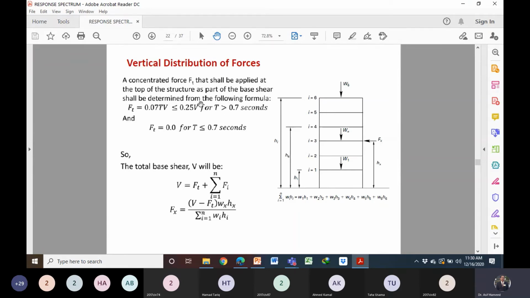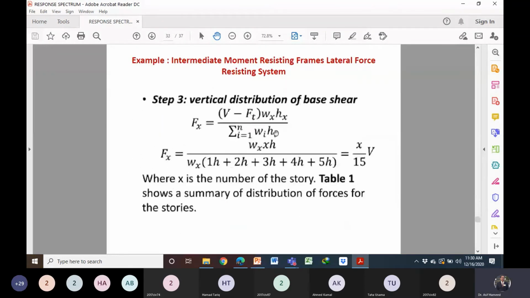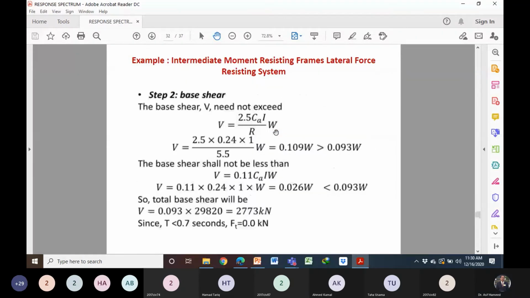Okay. So in our case, for this example, time period is less than 0.7 second. So additional force as per UBC code is equal to 0. So this is the total base shear at the base of the structure. So we have calculated the base shear.